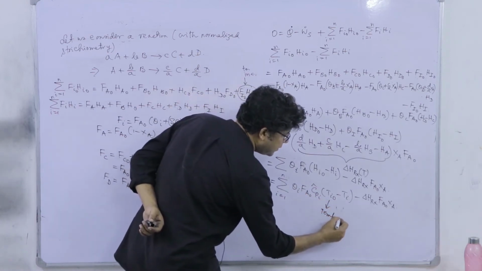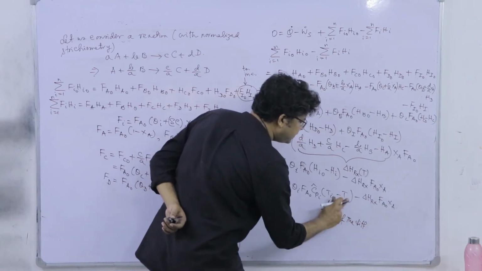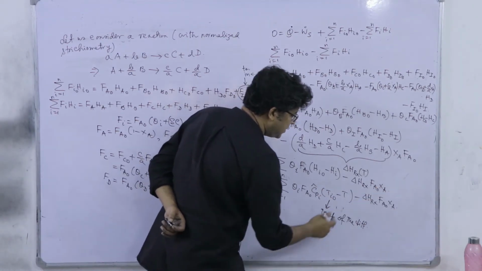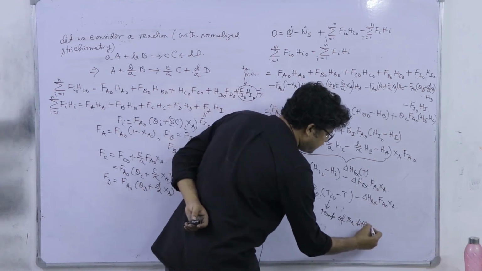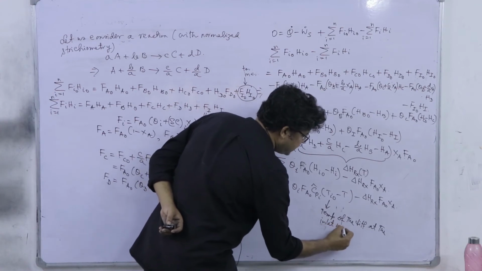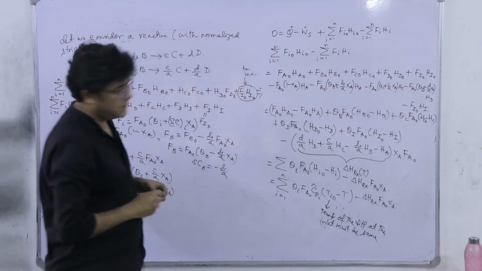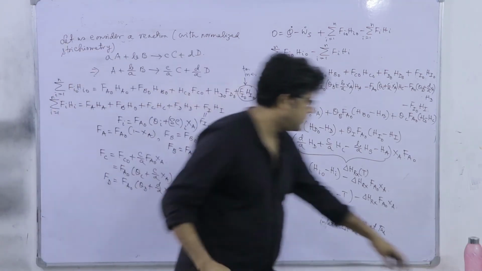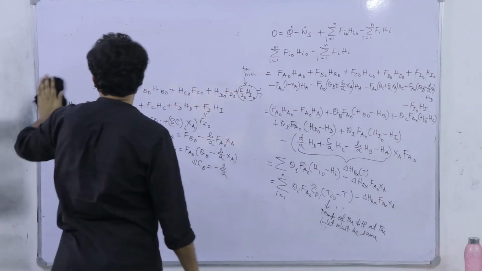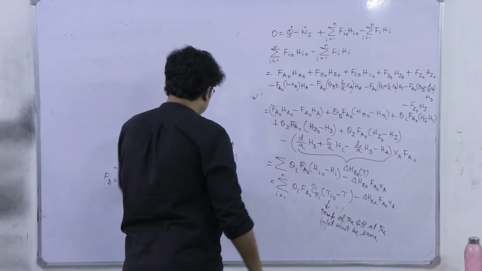The temperature of the different species at the inlet must be the same, T naught, and the outlet temperature is the common T, not Ti. So with that, if I further simplify this equation, what will we get?